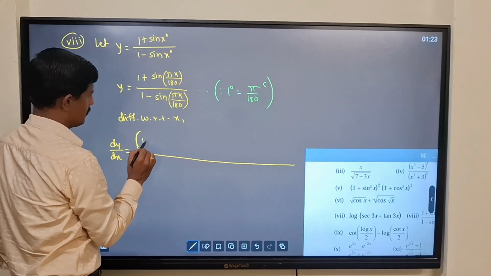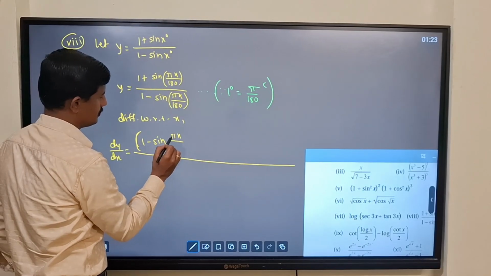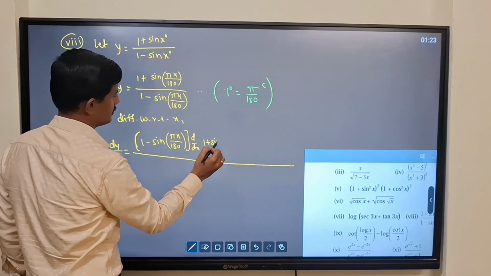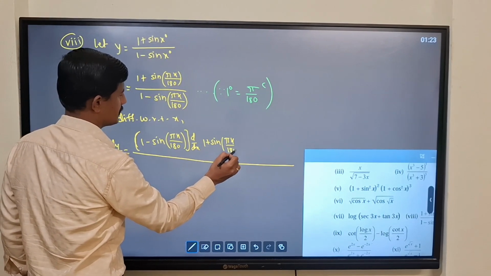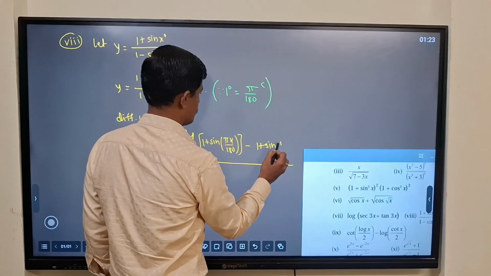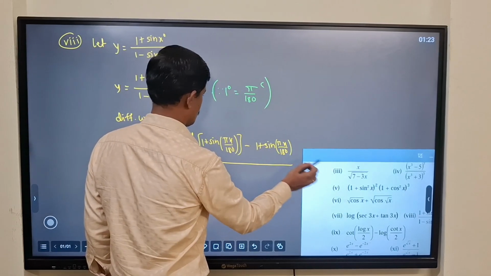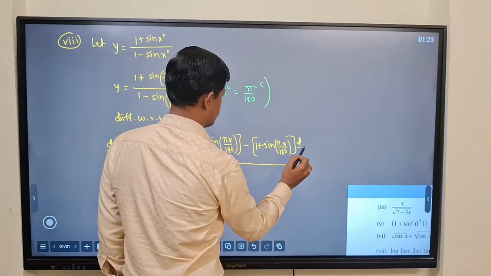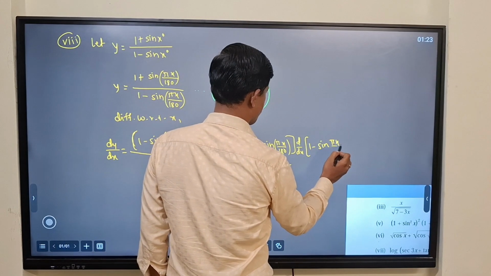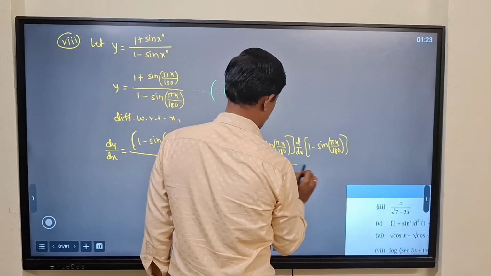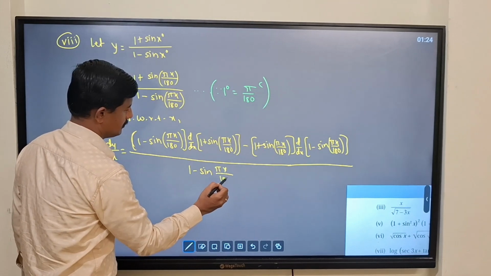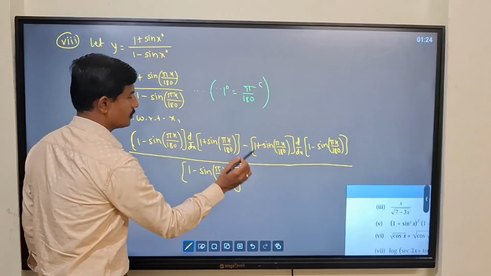This becomes 1 minus sine pi x upon 180 into d dx of 1 plus sine pi x by 180 minus 1 plus sine pi x by 180 d dx of 1 minus sine pi x by 180 upon 1 minus sine pi x by 180 whole square.